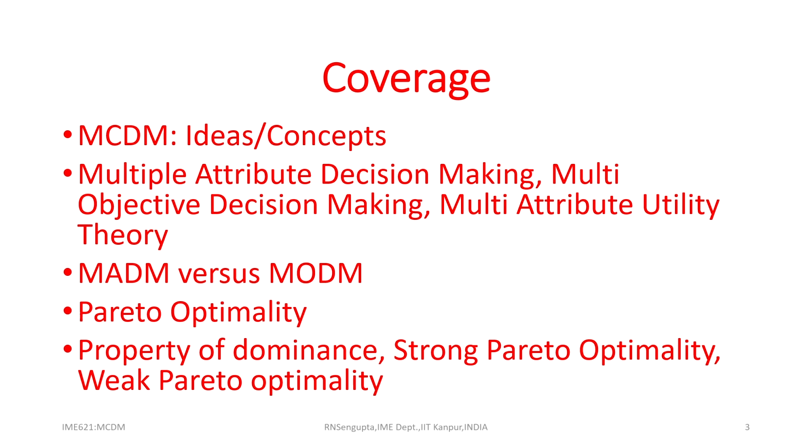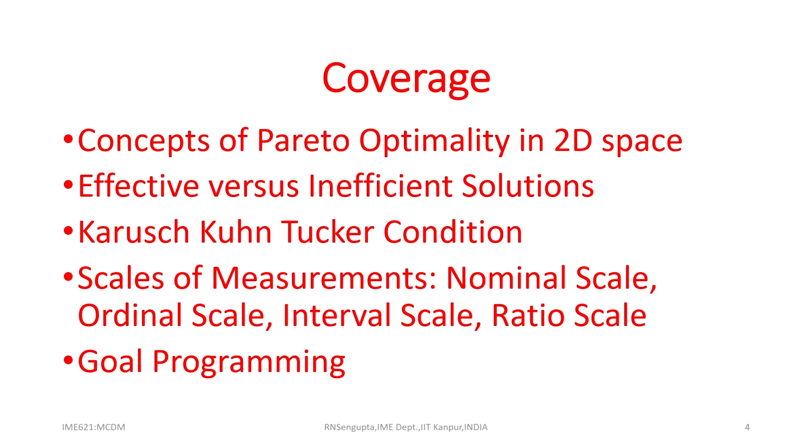We will consider Pareto optimality, property of dominance, strong Pareto optimality, weak Pareto optimality, and further go into concepts of Pareto optimality in two dimensional space, efficient versus inefficient solutions, Karush-Kuhn-Tucker conditions, then scales of measurement, nominal scale, ordinal scale, interval scale, ratio scale with examples, and then go into goal programming.